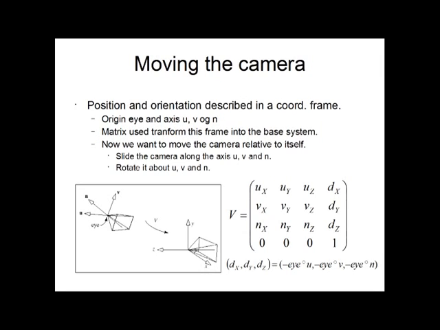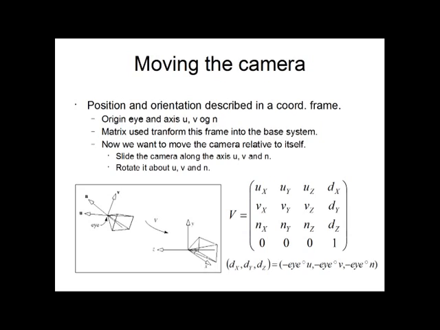So now that we can set this up, what we actually want to do is local incremental changes on the camera itself. We might want to slide it along its own U, V, or N axis, basically saying go straight forward to the camera, not meaning along the Z axis of the global coordinate system, but along its own axis.